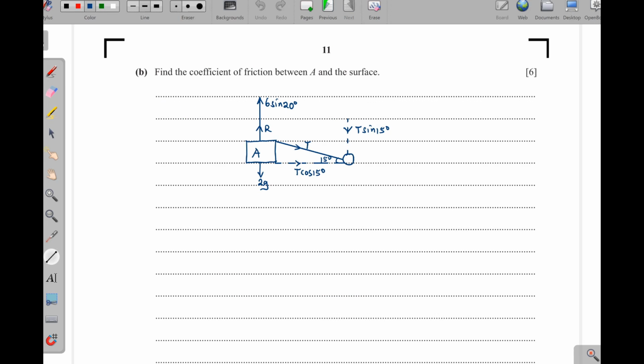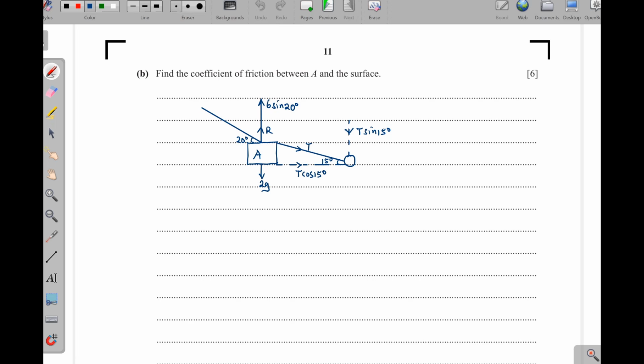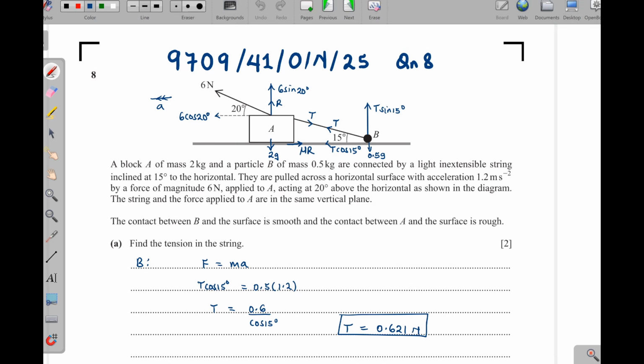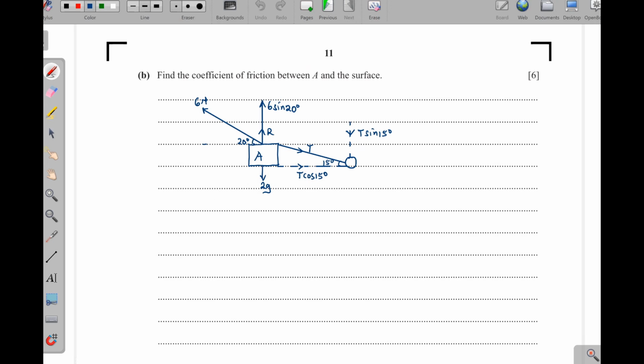So we have this like that at 20 degrees. Then we are having 6 newtons here. And then what else? This is 6 cos 20 as the horizontal component of these 6 newtons. So 6, then cosine of 20, like that.